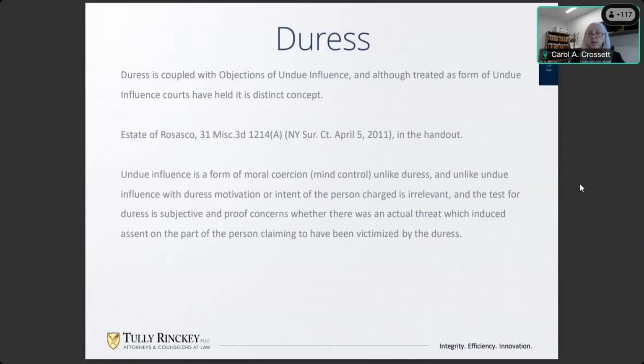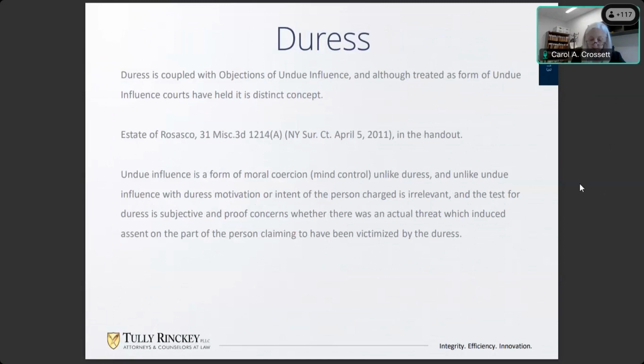In the Estate of Rosasco, the objectants established a prima facie case for duress. In fact, it was established that the proponent of the will had committed several wrongful acts consisting of violence toward the decedent, threats of repeated violence, inducing fear, and also inducing the fear that if the decedent made a new will in favor of another person, not only would the proponent harm that person, but they would convert the assets for his own benefit.